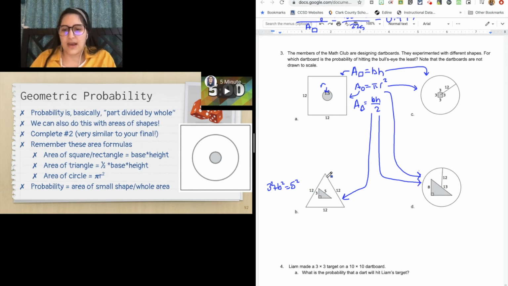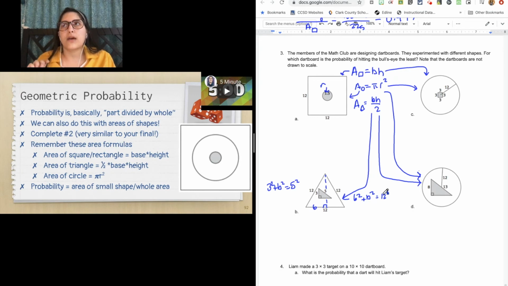And then you'll also need the Pythagorean theorem to figure out the height of this equilateral triangle right here. So remember, when you draw a height in an equilateral triangle, it cuts the bottom in half. So this is 6. So this would be like 6 squared plus b squared equals 12 squared, right? And you can go through and figure out what the height is that way.